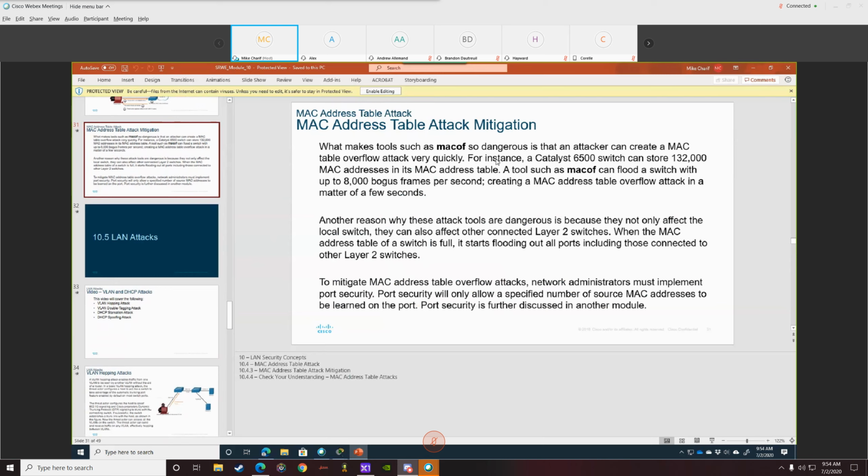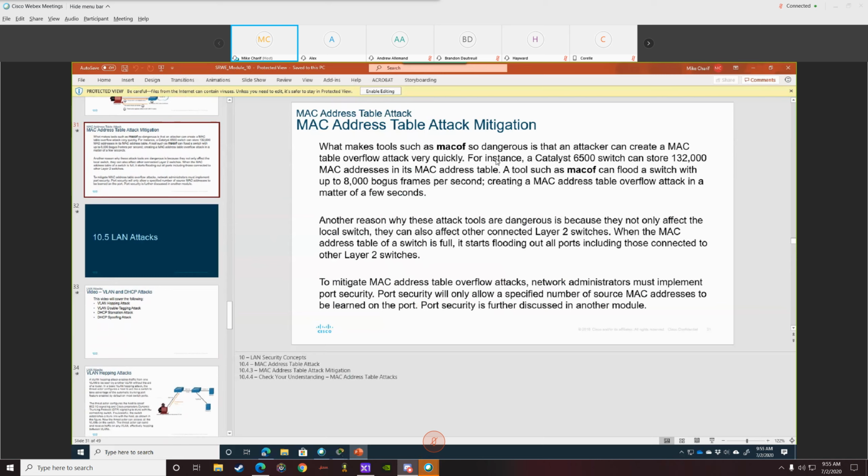That's a high-end switch. It can store 132,000 MAC addresses in its MAC address table. A tool such as macof can flood a switch with 8,000 bogus frames per second. So imagine if you can run that for a minute.